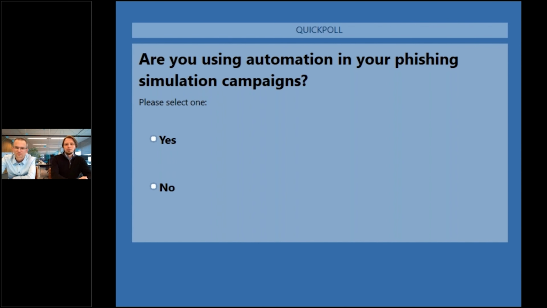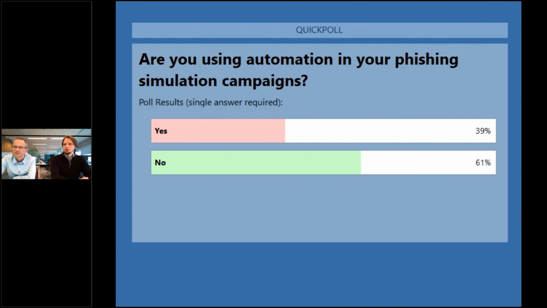All right, I think we've given everyone enough time, so let's see the results. Interesting. So most of you aren't using automation, which means you're doing it manually.